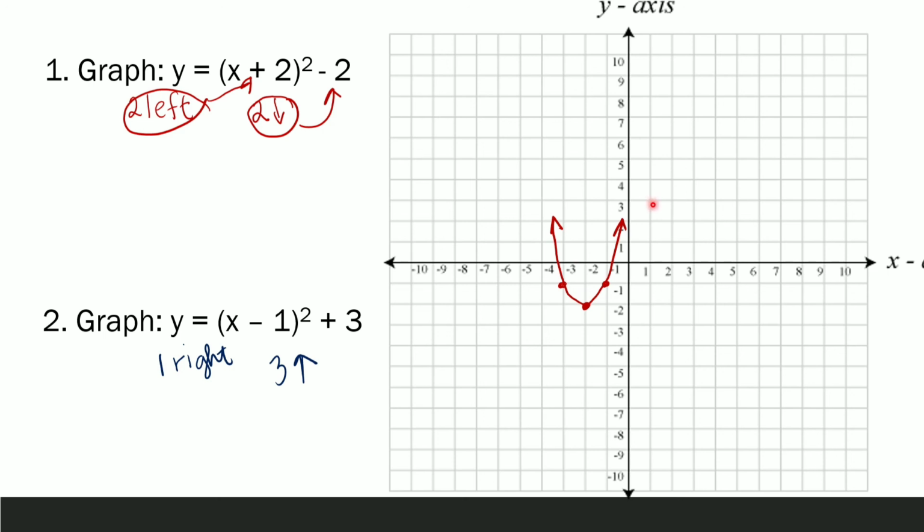Okay? Okay, so that's the graph of y equals (x minus 1) squared plus 3.